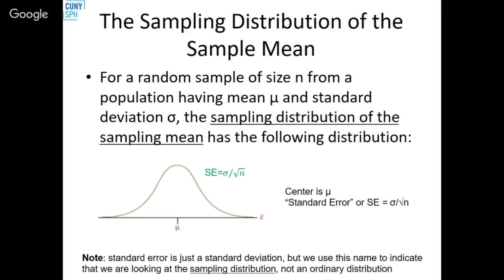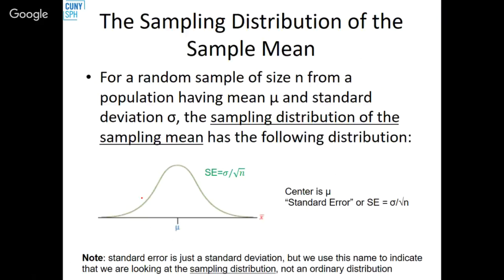So this tells us everything that we need to know for doing inference from the sampling distribution in instances where we're drawing either from a normally distributed population, or we have a large sample size such that the sampling distribution is normally distributed.